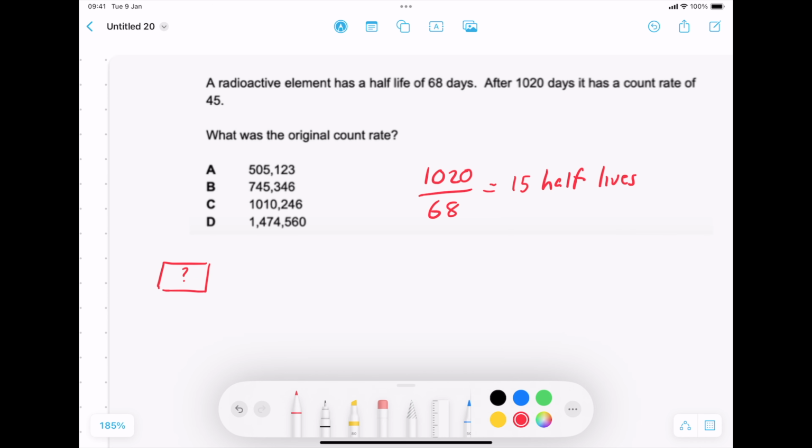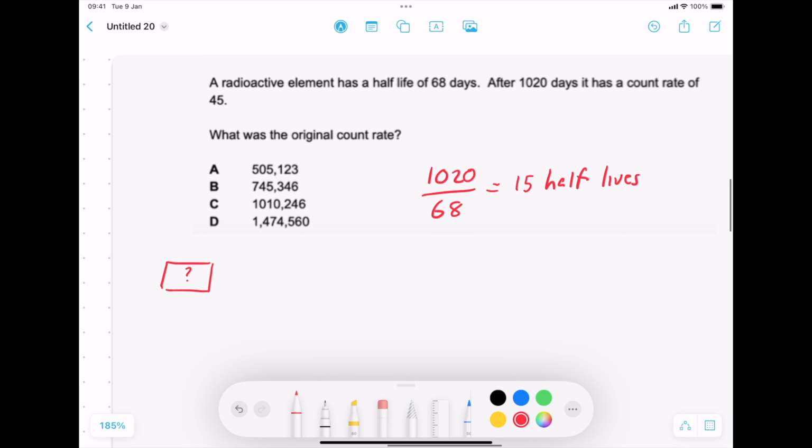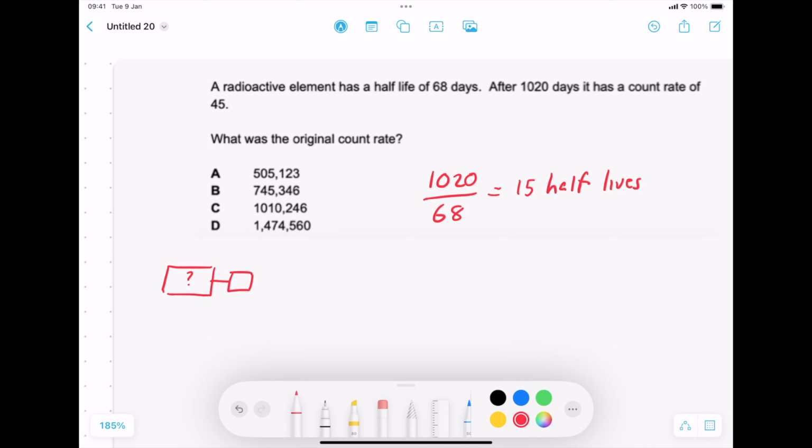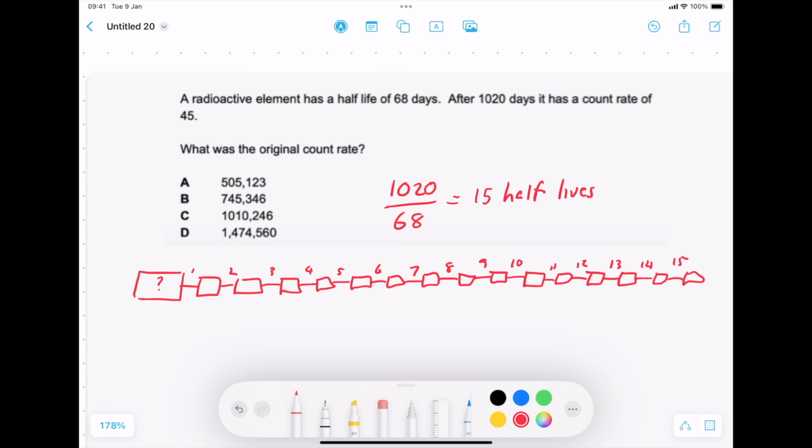Now this is the long way. There's the first, the second, the third, fourth, up to the 15th. And we know at that point that the count rate is 45. This is the long way of doing it, but it's for your understanding before I show you the shorter way. We've got to find out what that question mark is.